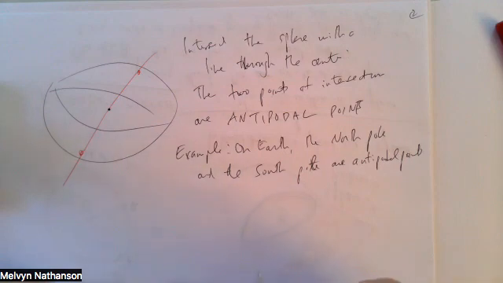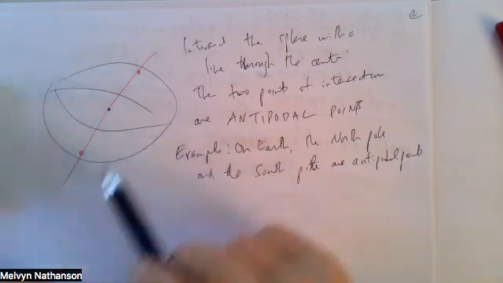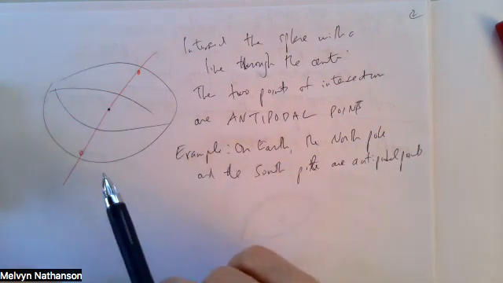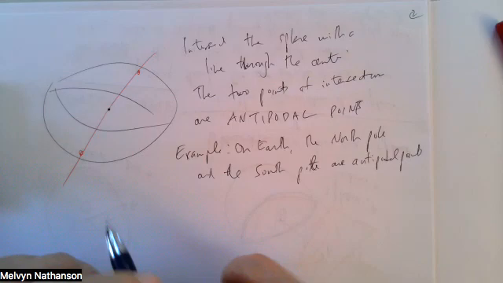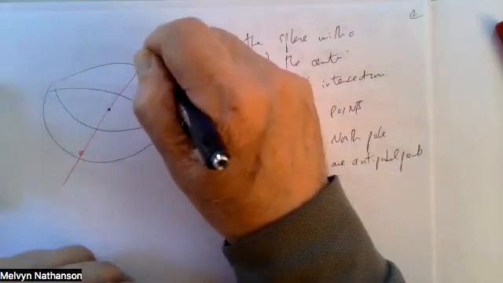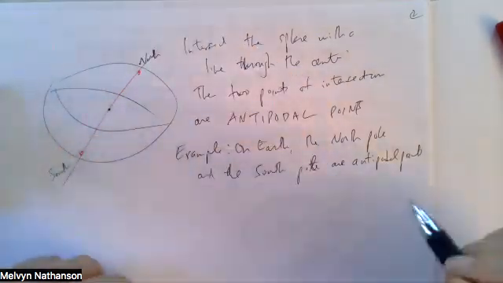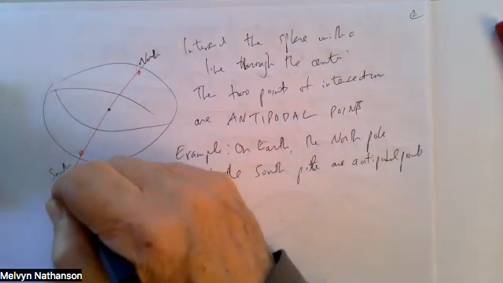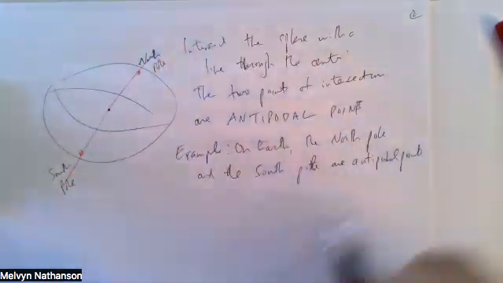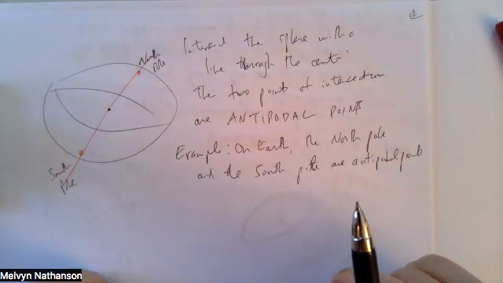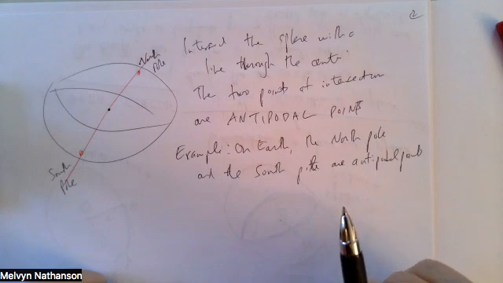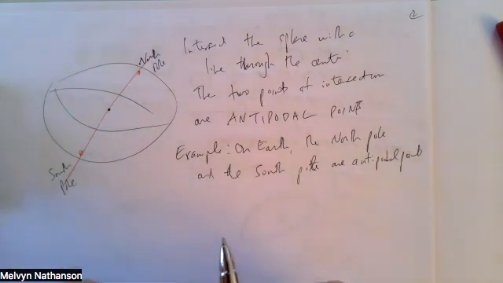And again, they're antipodal points, but they lie on many different great circles. Every circle of longitude passes through the North Pole and the South Pole. So there's not a unique great circle through any pair of antipodal points. There are infinitely many great circles through every pair of antipodal points.